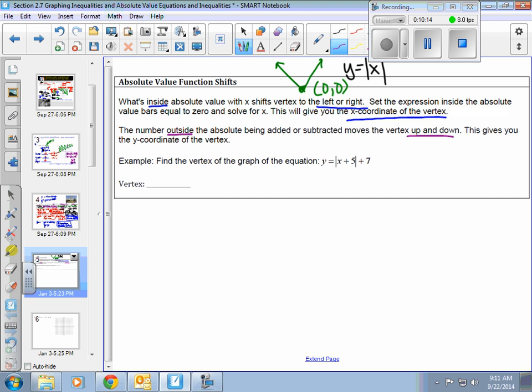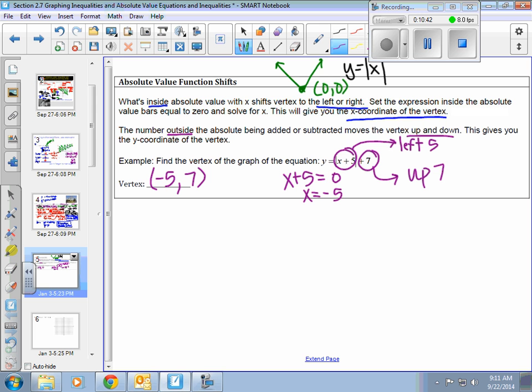So take the inside, set it equal to 0, and you get negative 5. So that means my x coordinate is negative 5. And then your y coordinate is just as is, so 7. So what this means is the inside tells me we went left 5, and I always think of it as the opposite on the inside, and we went up 7.